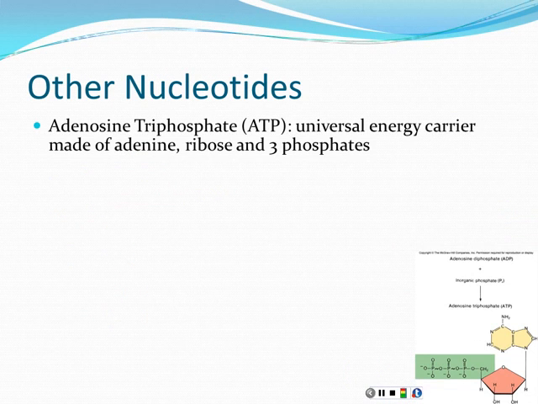There are other nucleotides that you need to know. ATP, adenosine triphosphate. This is the universal energy carrier. So we already talked about this earlier on, how ATP is how we use energy. So it's made up of adenine, ribose, and 3 phosphates, as you can see. But this was adenine over here. Here's ribose right there. Kind of see it.